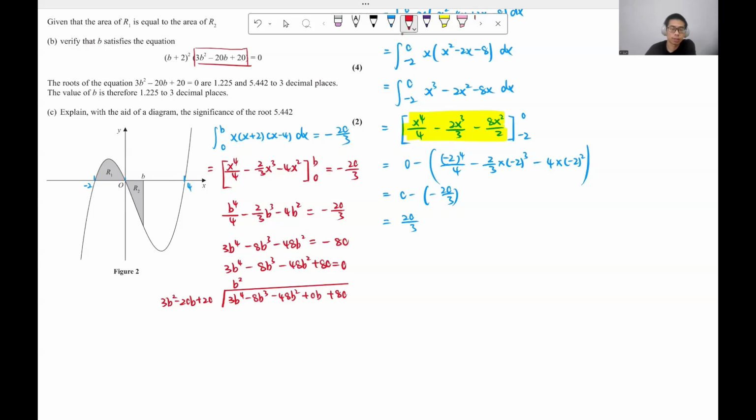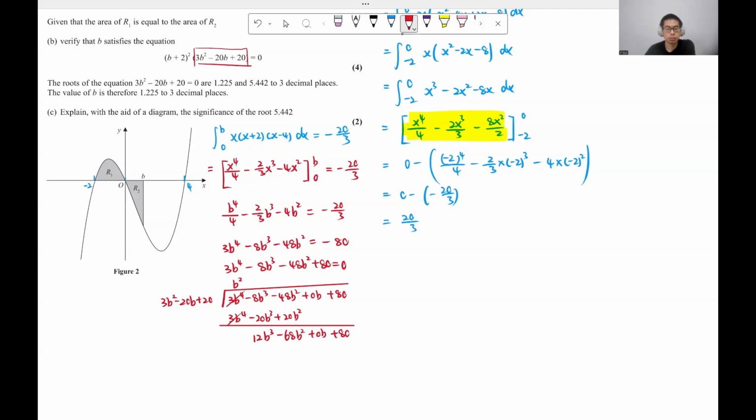So that'll be 3b to the power 4 minus 20b cubed plus 20b squared. If we minus them, this will cancel out. Negative 8 minus negative 20, that'll be plus 20, so positive 12b cubed. And negative 48 minus 20 is negative 68b squared. And then 0b plus 80.